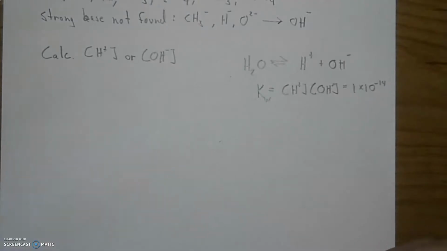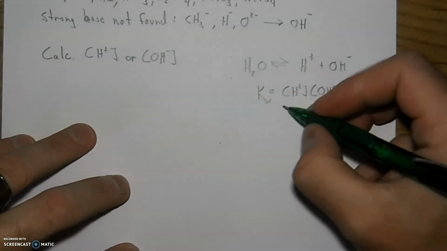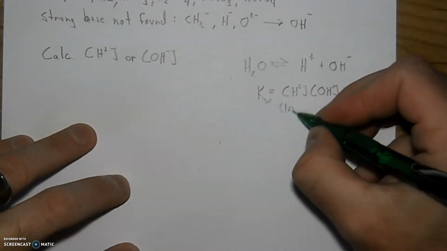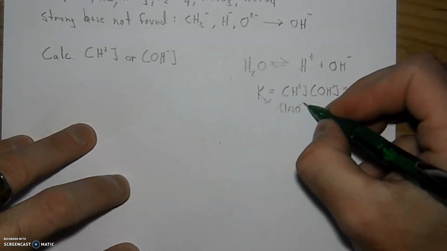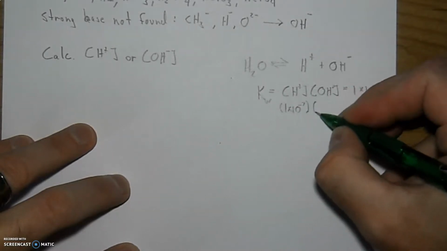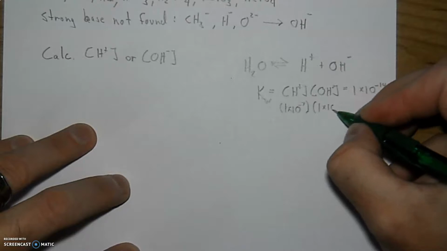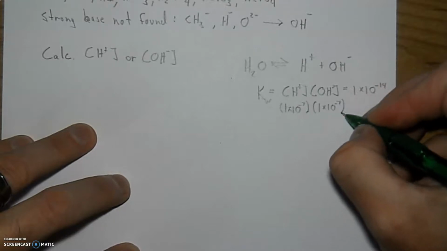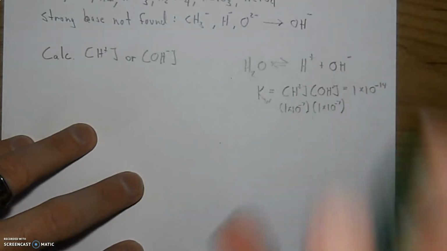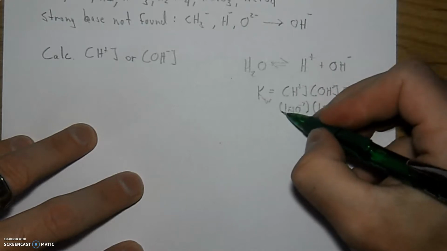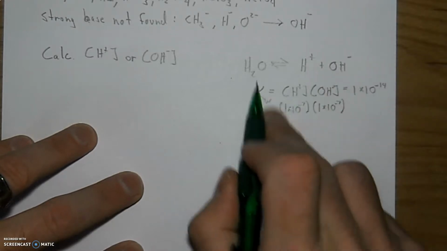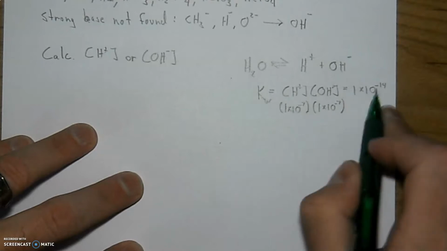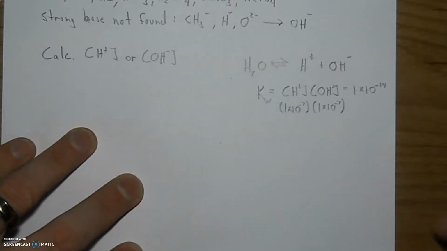If this starts to look familiar to you, the value of the hydrogen ion concentration is 1 times 10 to the negative 7, and the hydroxide, therefore, is 1 times 10 to the negative 7 as well. Of course, we'll get there in a minute. So these two concentrations in a pure water solution are constants. All those values are constants.